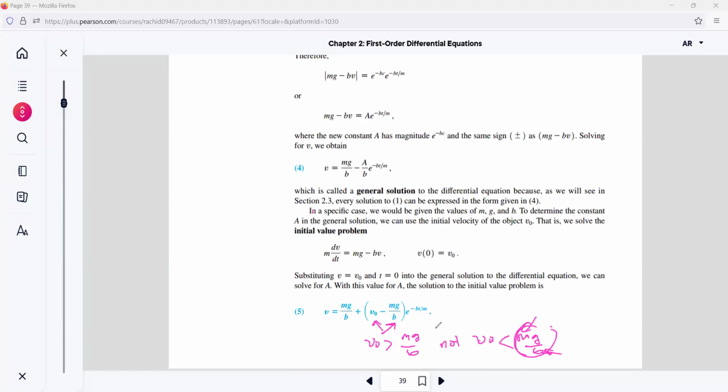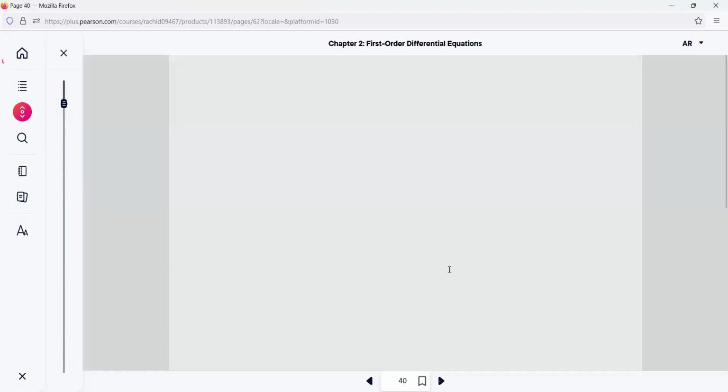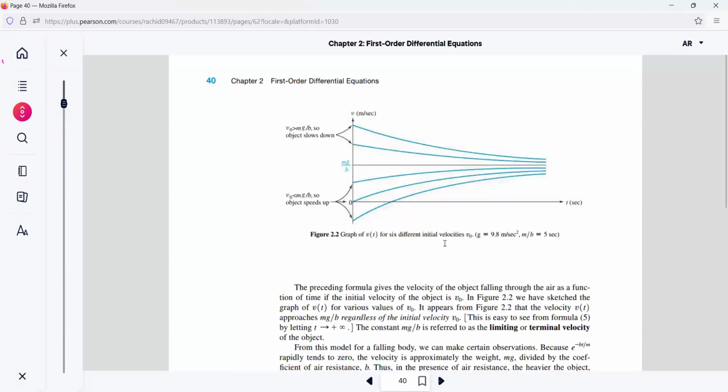All right. So you can use some technology here. Because of time, I probably won't use it, but I can show it some other time or in other videos. You can easily graph this velocity profile here. So let me show you here. All right, so you see that that's mg over b.